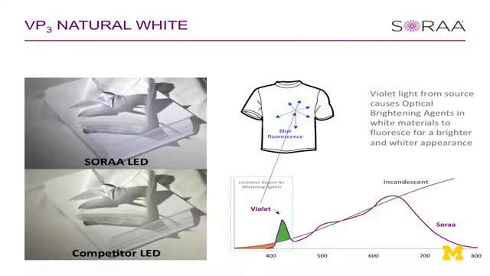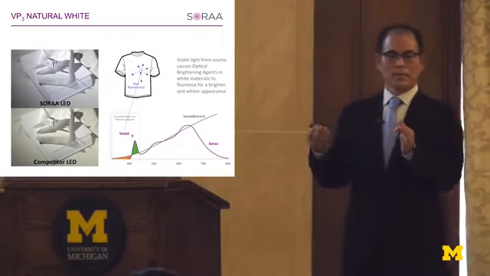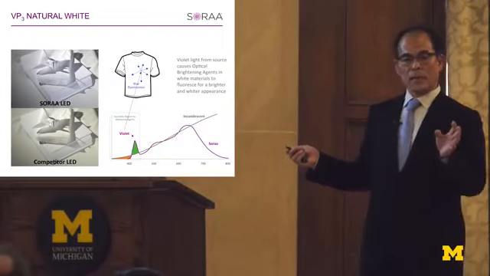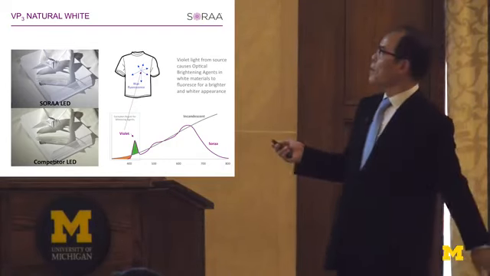Another big problem with white LED made by blue is this one. All kinds of white shirts, white paper, also cosmetics, include a brightening agent. This brightening agent is like a fluorescent material. It is only excited by UV or violet irradiation, not blue.